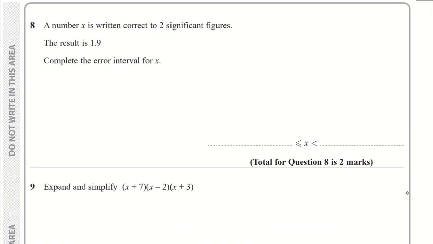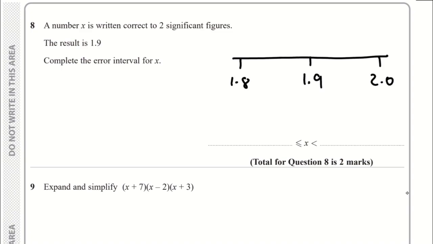Okay, let's go to question number 8. A number x is written correct to two significant figures. The result is 1.9. Complete the error interval for x. So let me draw this and then show it on the number line. This is 1.9, and this is 2.0. What about this, 1.8?